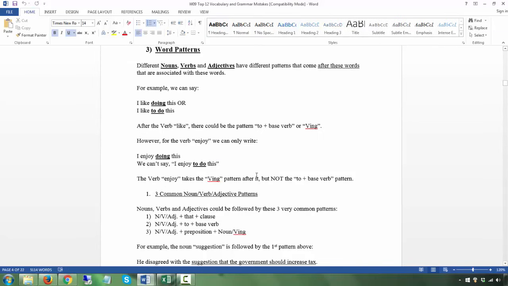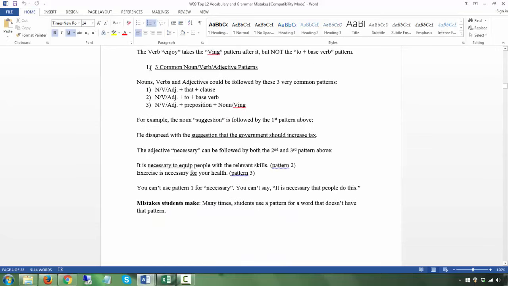So we go to this worksheet, we see that here I write 3 very common noun verb adjective patterns, right? Some nouns, some verbs, some adjectives can be followed by these 3 patterns.